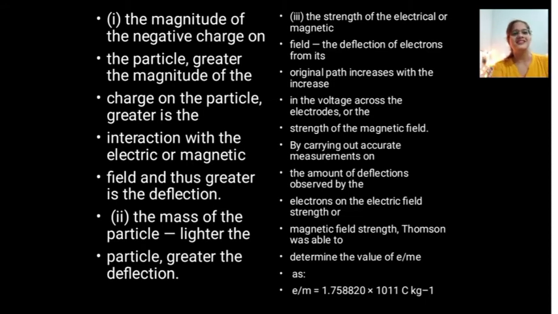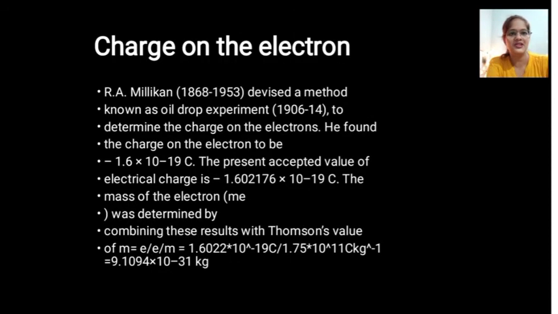Now let's move on to the next page, that is the charge on the electron. You might know this: R.A. Millikan was one scientist who did the oil drop experiment, which was very famous at that time. He did that experiment and determined the charge on the electron.